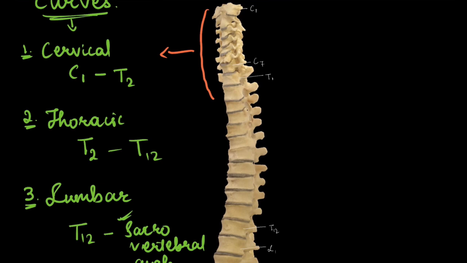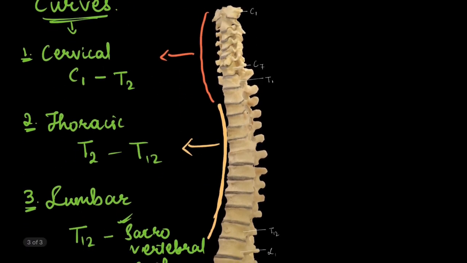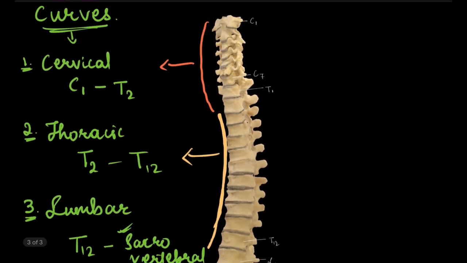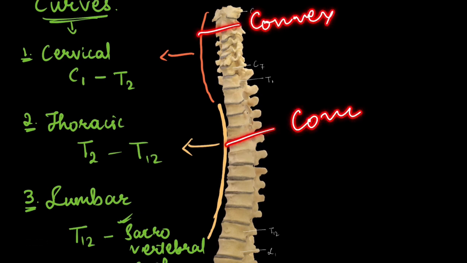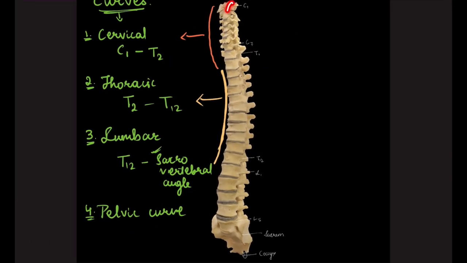Then second, we have the thoracic curve from T2 to T12. Okay, what type of curves are these? Concave and convex curves. This is a convex curve, and this is concave. So it depends on the bending. Here you can see the cervical is a convex curve.